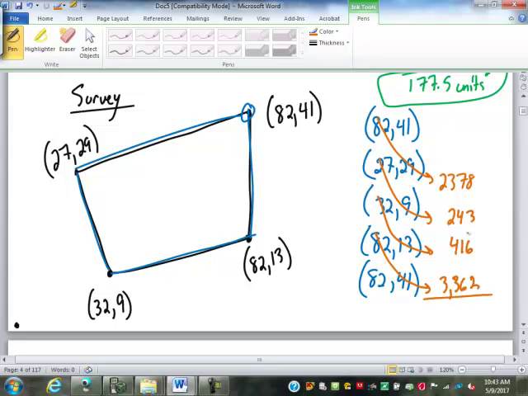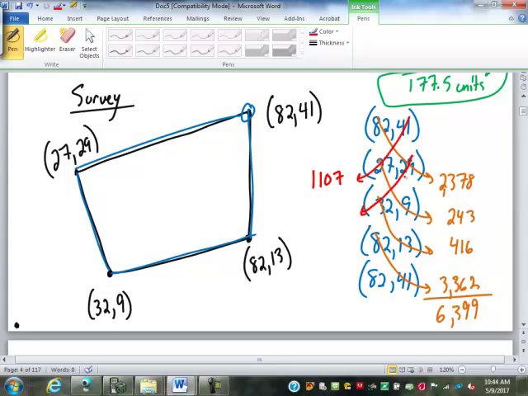Then add them up. You are correct, 6399. And then 41 times 27, which is, what's that? 1107.